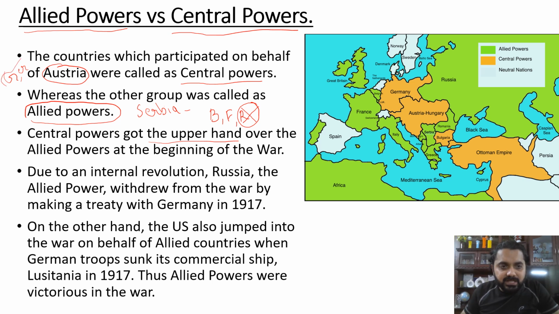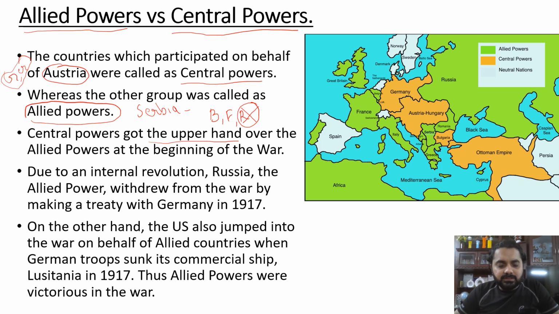Now where is Germany? Germany is a part of the Central Powers. So there is no scope for Russia to fight with Germany because it had an agreement with Germany. So because of these two reasons, Russia had to withdraw from the war.